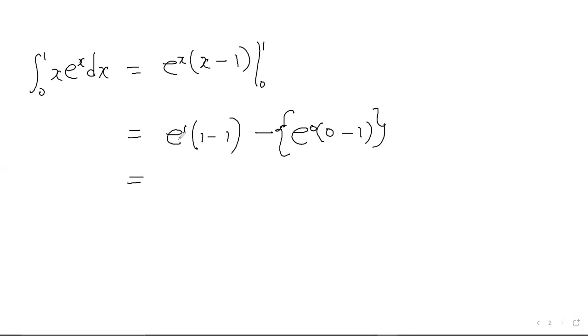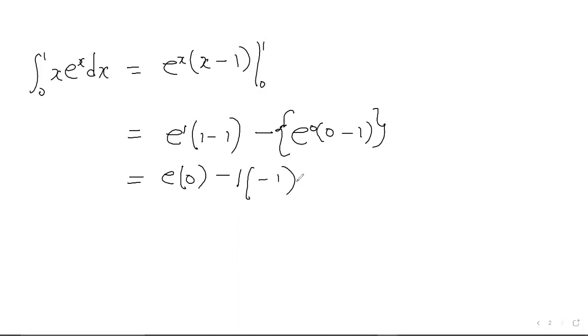e raised to the power of 1 is e, since anything raised to the power of 1 is that thing, into 1 minus 1, which is 0. Minus e raised to the power of 0, and anything raised to the power of 0 is 1, into 0 minus 1, which is minus 1.